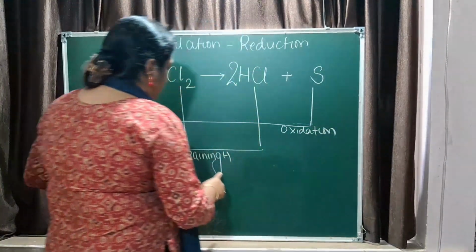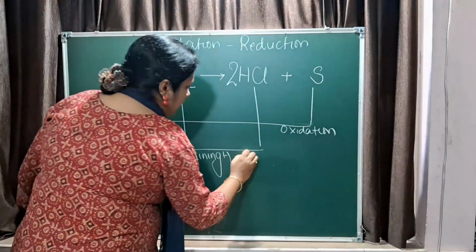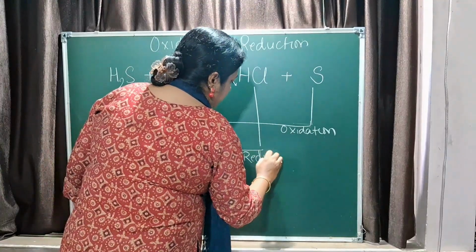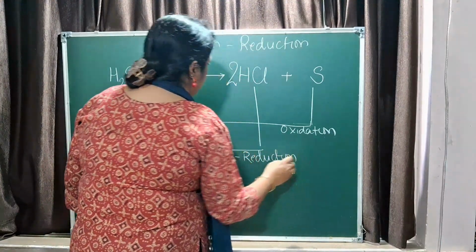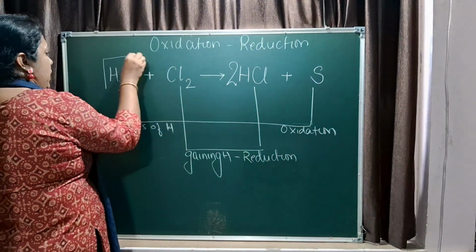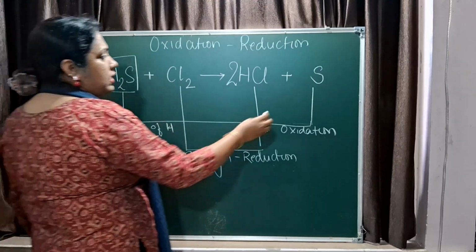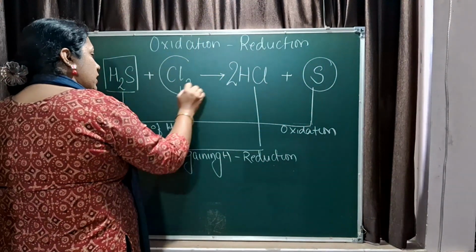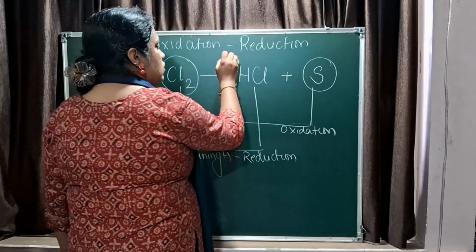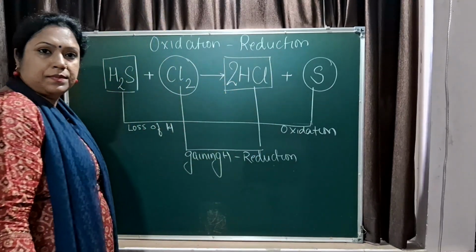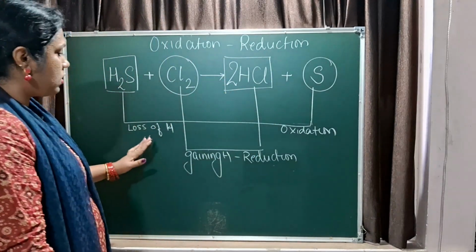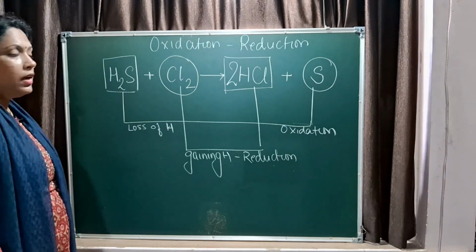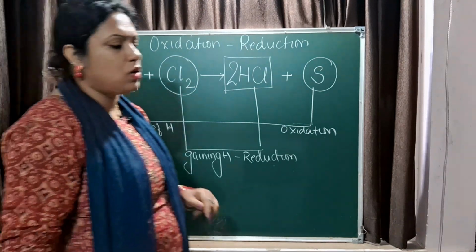And when there is gain of hydrogen, it is reduction. Right? So in this case, H2S is getting oxidized to sulfur and chlorine is getting reduced to HCl. Is that understood? What is oxidation and what is reduction? Right, we will do some other examples also.